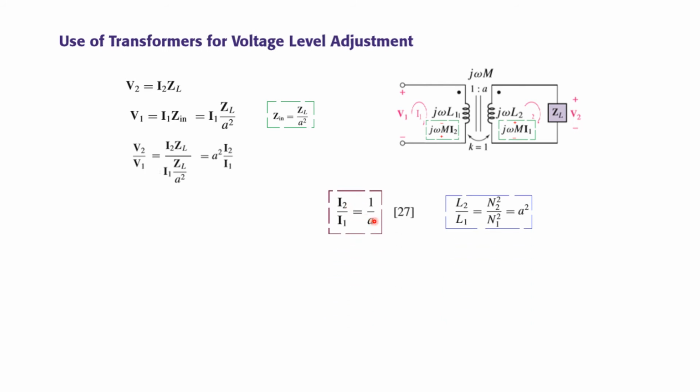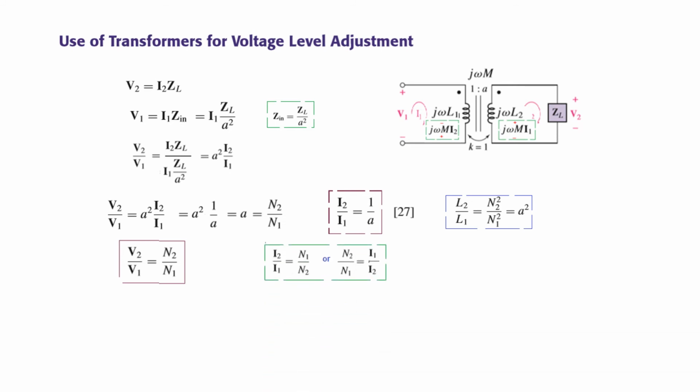And we earlier learned that I2 over I1 is 1 over A. So here we replaced I2 over I1 by 1 over A, which cancels and becomes A, and we have learned that A is equal to N2 over N1. So we write N2 over N1, and therefore our equation becomes V2 over V1 is equal to N2 over N1.